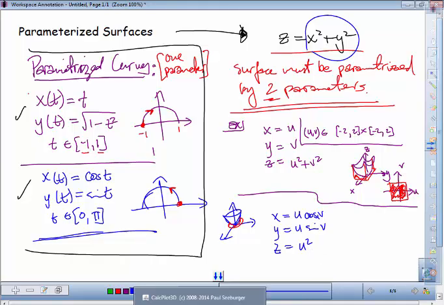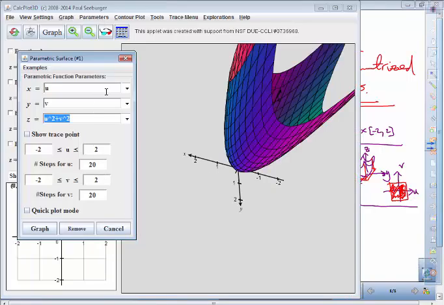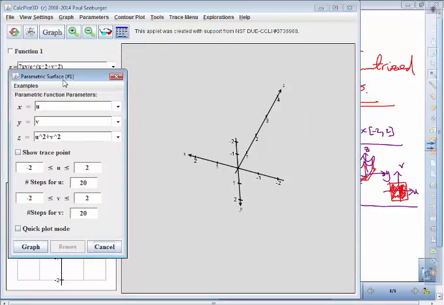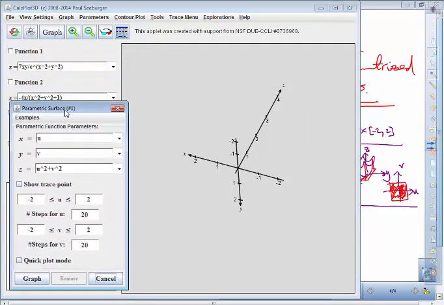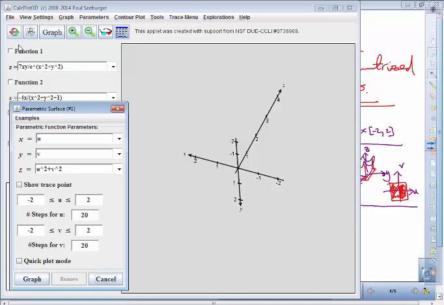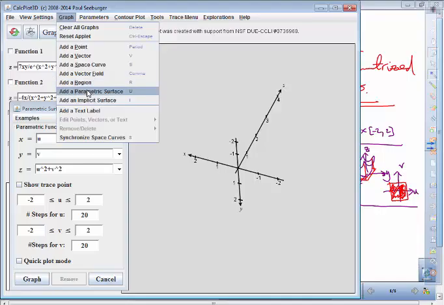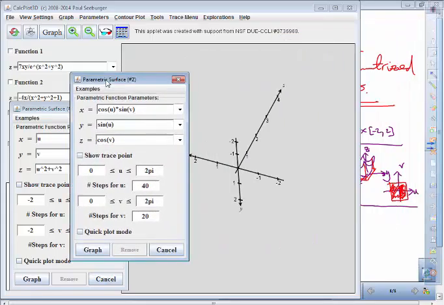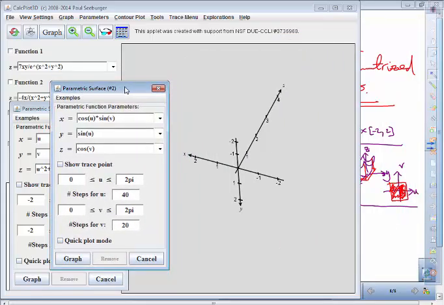All right, so now I'm going to go back to my program. There is a way to keep this program, but I'm going to remove it right now. I still have this window open, so I think that means I've kept it. I'm going to graph another parameterized surface, and I can see in my window it says parametric surface number 2.